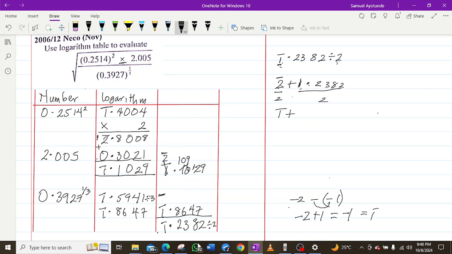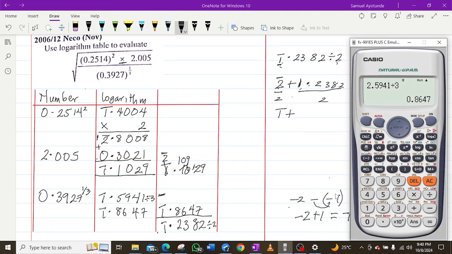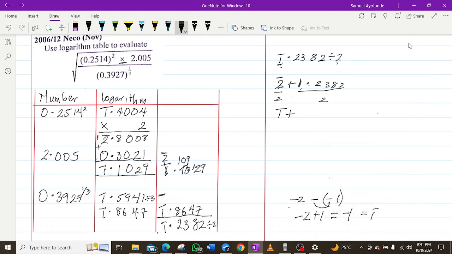Then I will use my calculator to divide 1.2382 by 2. I have this value, 0.6191, already in 4 decimal places, so I write 0.6191.